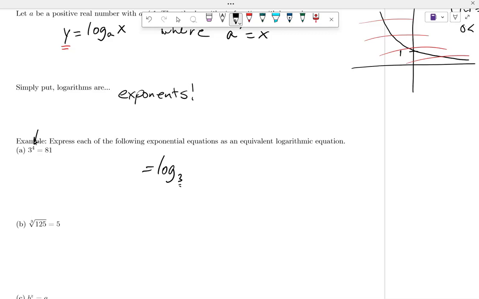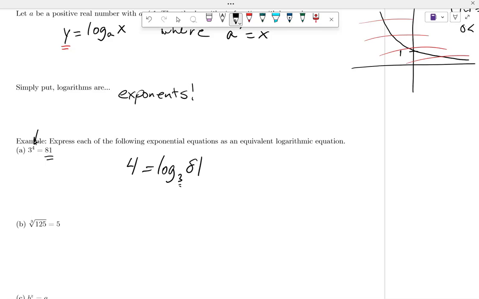What happens when you do the inverse? Inputs become outputs, so this should be on the equal sign. Now let's look at the right-hand side. For the exponential function, does that 81 represent an input or an output? Output, right? Outputs for the original become inputs for the inverse. Now, usually we would write it the other way around and just write the equals 4 on the other side, but it doesn't really matter.